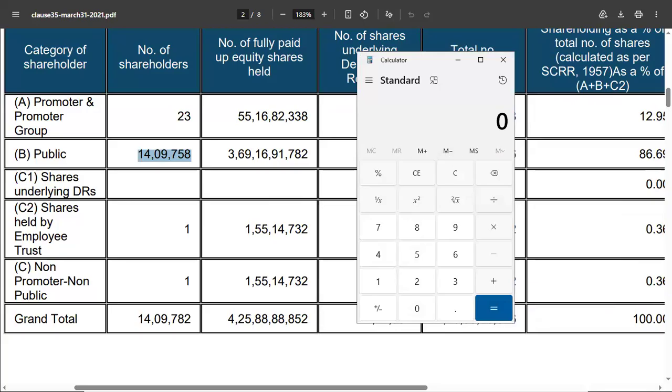So we have 5516823338 shares, which are held by these 23 people. If I divide this by 23, each person is holding, sorry, around 2 crore 39 lakh 86,189 shares on average.